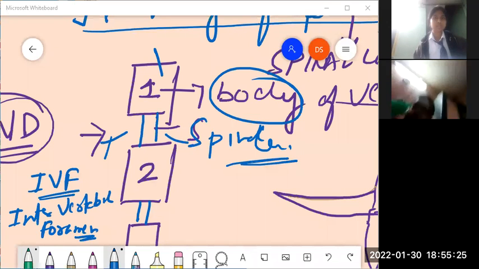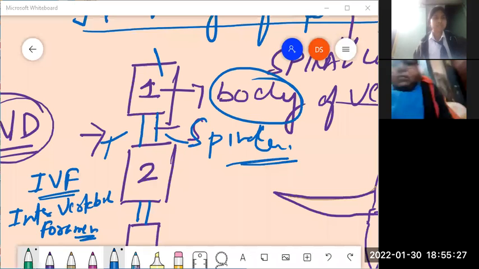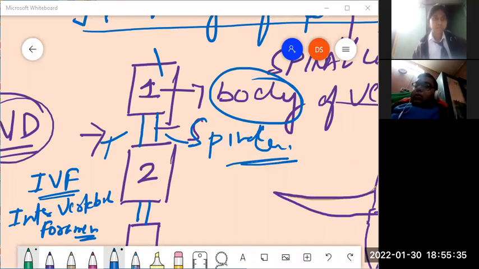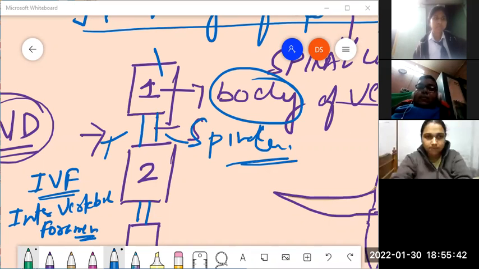You remember now? Yes, sir. Foramen is the opening of the skull cavity. Similarly, these foramens can be considered openings in the vertebral column.